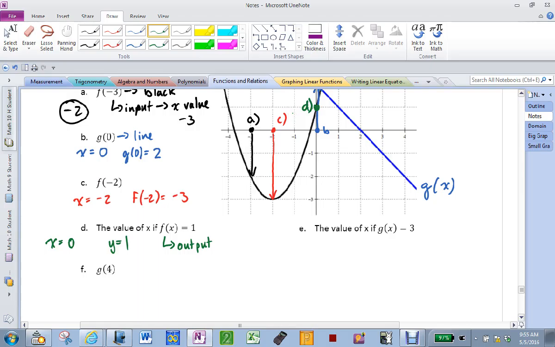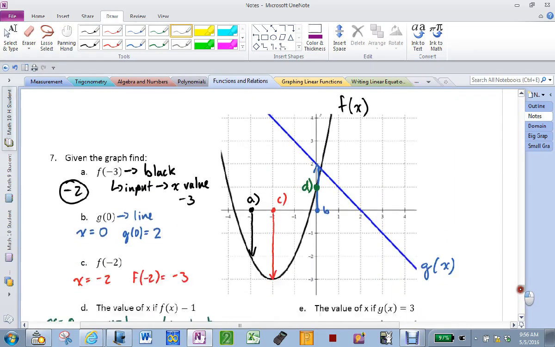This is the one that messes people up. We're about to do it again with E. What do I have for E? That's an output, yes? Where do I find my outputs? On the y or the x-axis? The y-axis. So that means my y equals what? What is my y? 3.